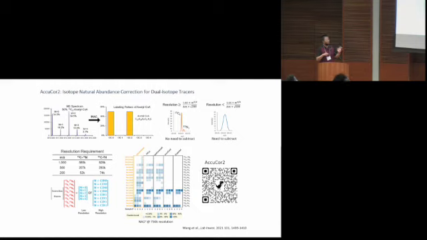If your machine doesn't have sufficient resolution to resolve the two isotope tracers that you use, you will face a situation like this. For example, the one-carbon and zero-nitrogen labeled species and the zero-carbon and one-nitrogen labeled species could not be distinguished, and they will be observed together as M+1.